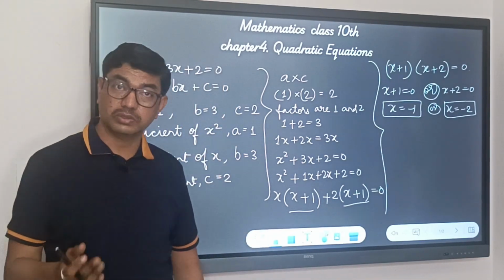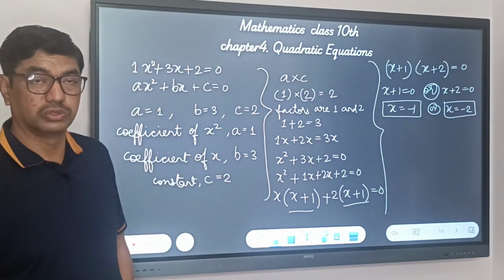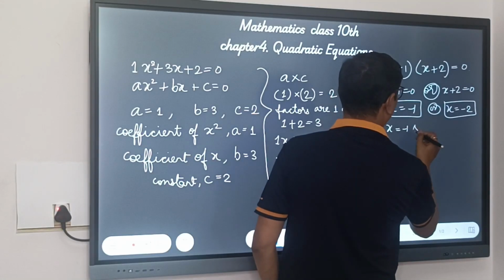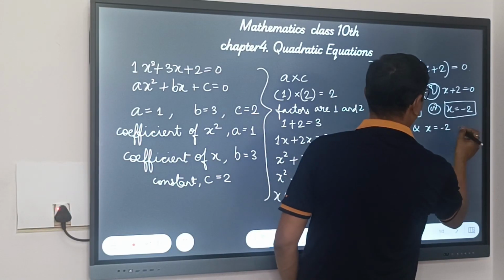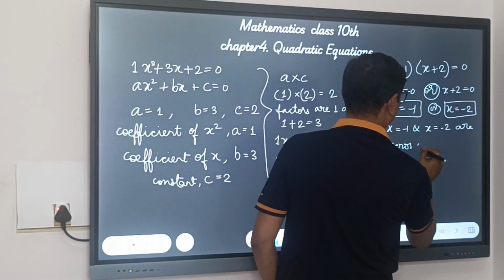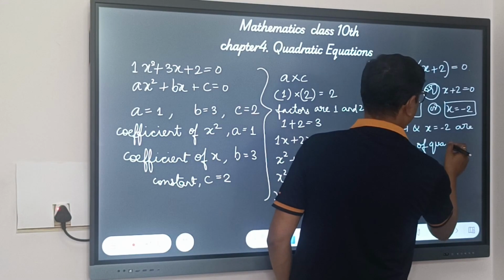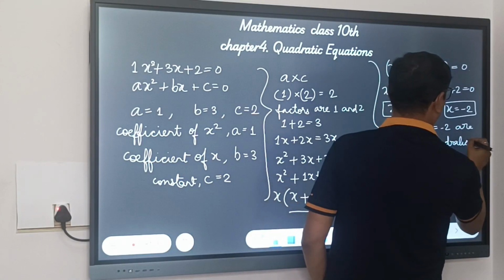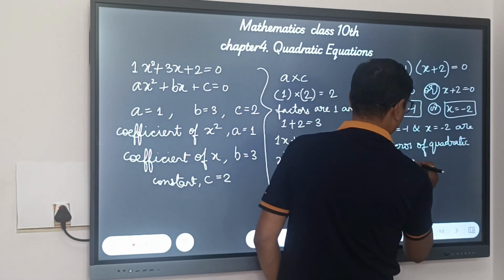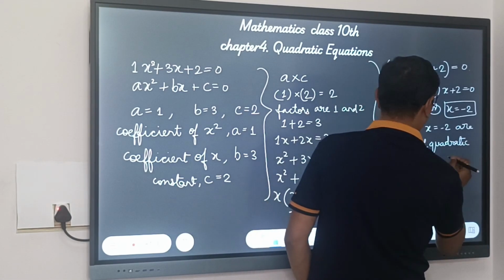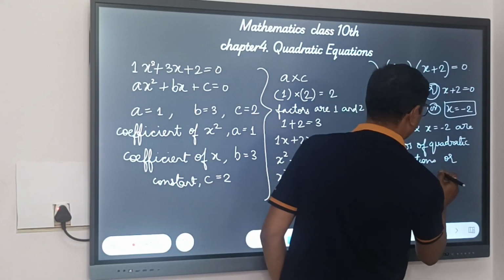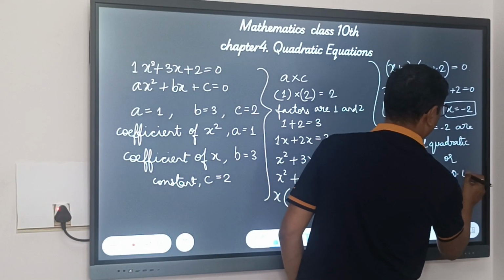We can call them zeros or we can call them roots of the quadratic equation. Is it clear?